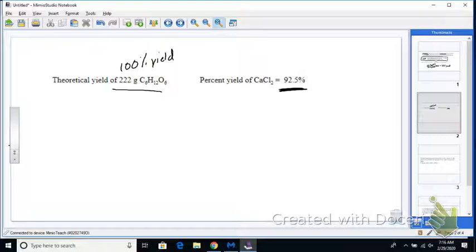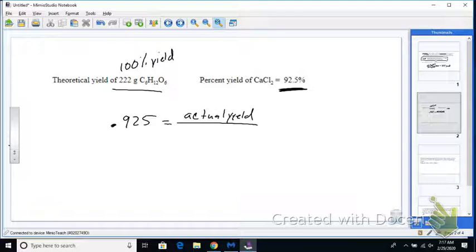What I like to do is get rid of the percent, and the reason I do that is so I get rid of the times 100 on the other side of the equation. So 0.925 is going to equal the actual yield, just like in our setup, divided by the theoretical yield.